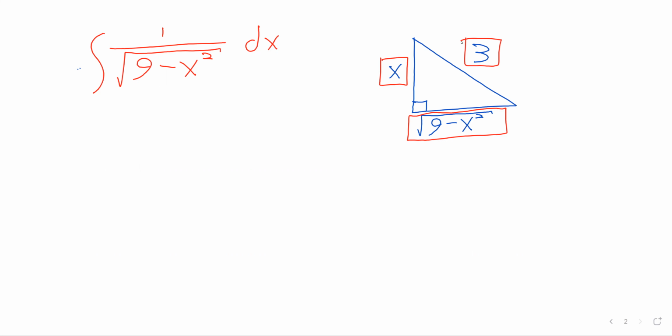The square root of 9 minus x squared is complicated. So the motivation for trigonometric substitution is the question, can we replace this complicated looking side of the right triangle with the simpler sides of the right triangle?